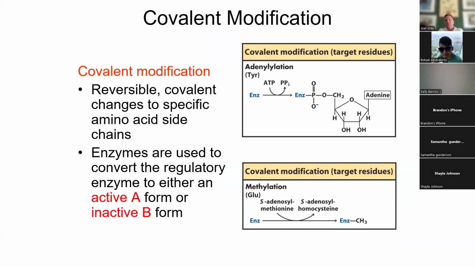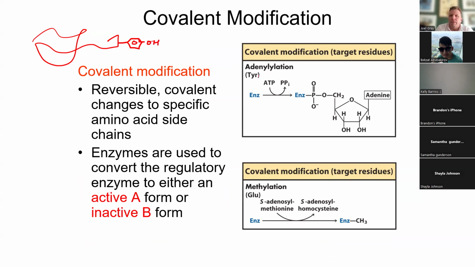Covalent modification: there are a couple of examples of modification. When a protein gets produced, here's our protein folded in 3D space, and somewhere on this protein is a tyrosine residue. Here's our tyrosine residue.